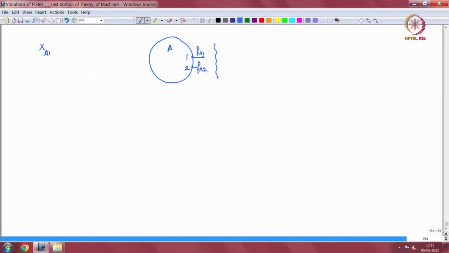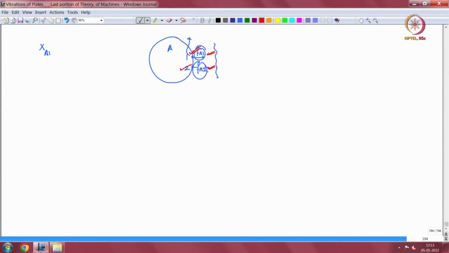What is the response here due to these two forces?